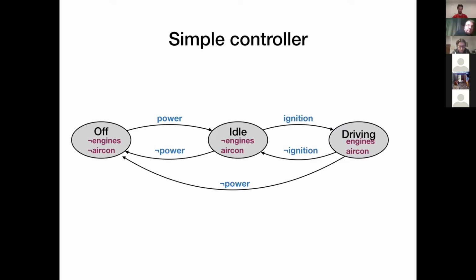The reason we write this as a high-level state machine is that even though our implementation is probably going to be pretty hairy, or hopefully not too hairy, it's going to be running probably C code on a microcontroller.